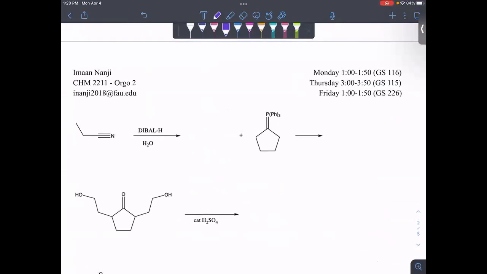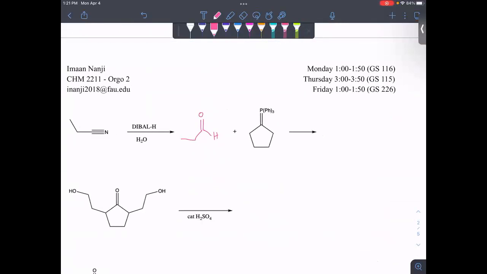So first up, nitrile, DIBAL, water. What happens? Yeah, so DIBAL-H on a nitrile just turns the nitrile into an aldehyde. And then now what's this reagent called?